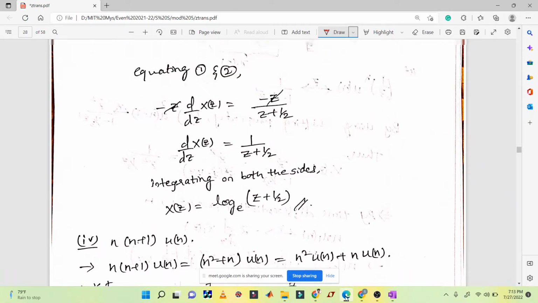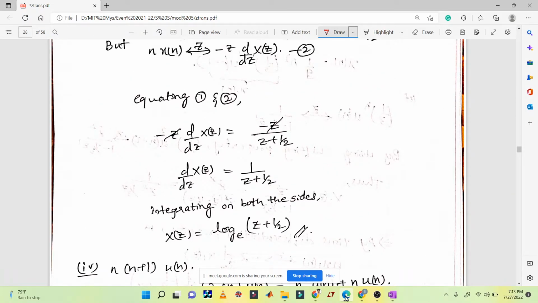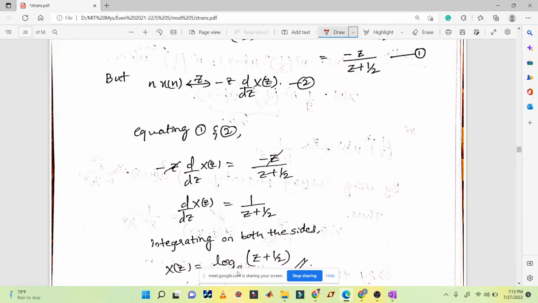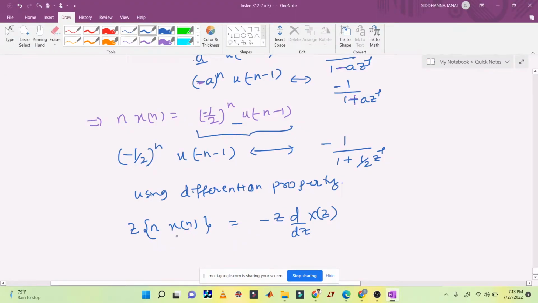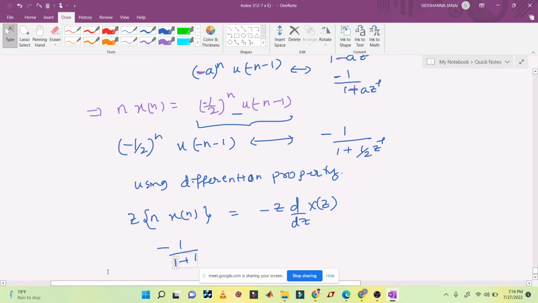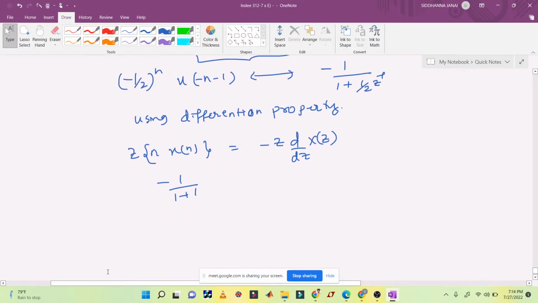So, okay, here. The z transform of this one is already calculated here. That is minus 1 divided by 1 plus 1 by 2 z inverse.